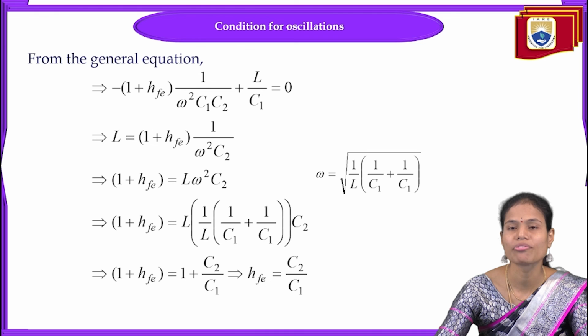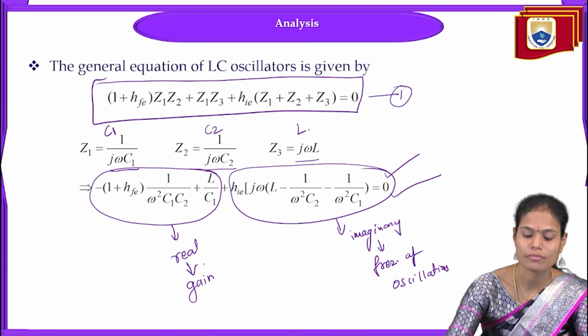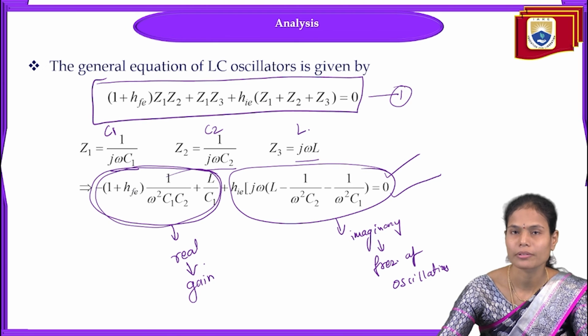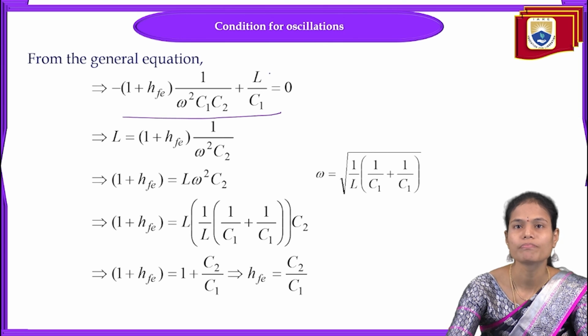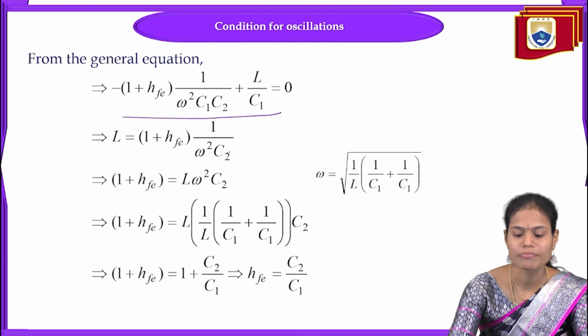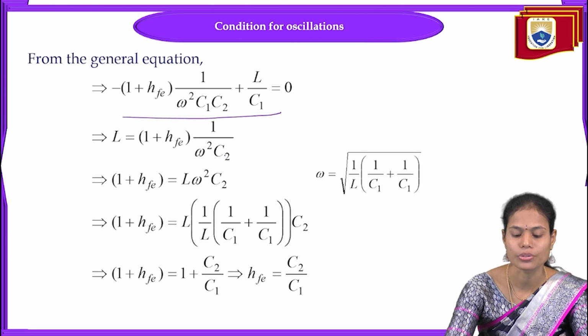Similarly, to find the gain provided by this oscillator, we have to consider the real part. I am taking that real part and equating it to 0. From this we can write L equal to 1 plus hFE into 1 by omega square C1 C2.